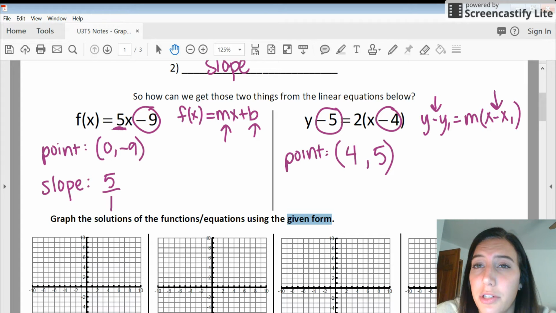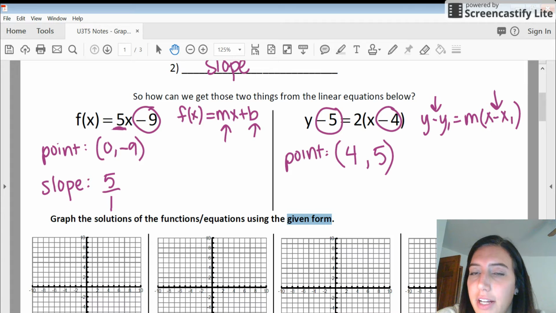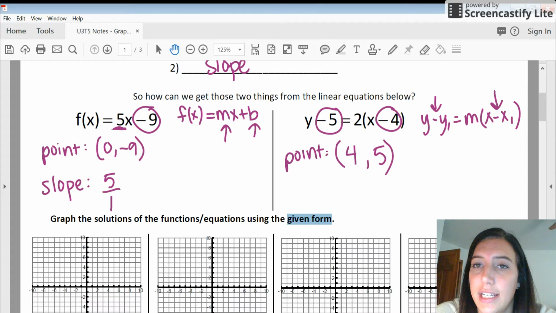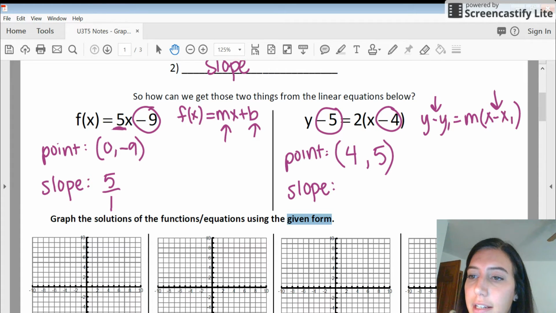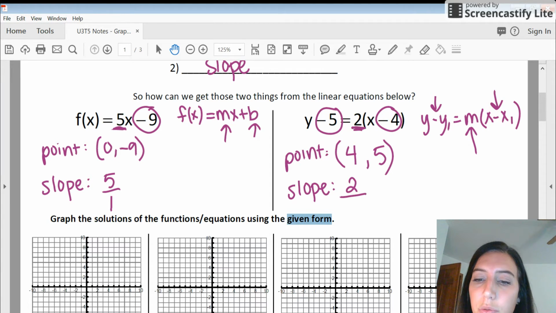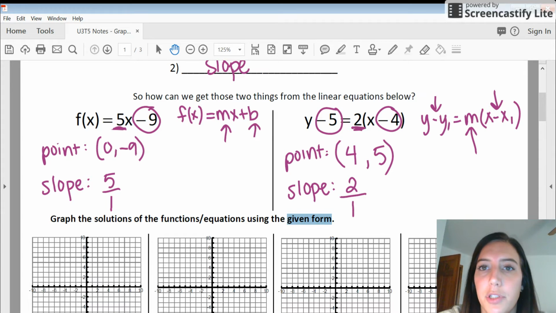This is the hardest part to remember about point-slope form. We always need to use the opposite value from what's indicated in the actual equation. The slope is going to be the m, which in our equation is 2. So again, we can write that as 2 over 1, which would tell us we would go up 2 and right 1 from our beginning point.